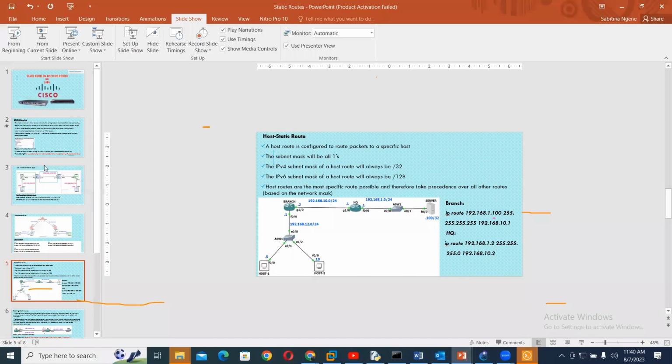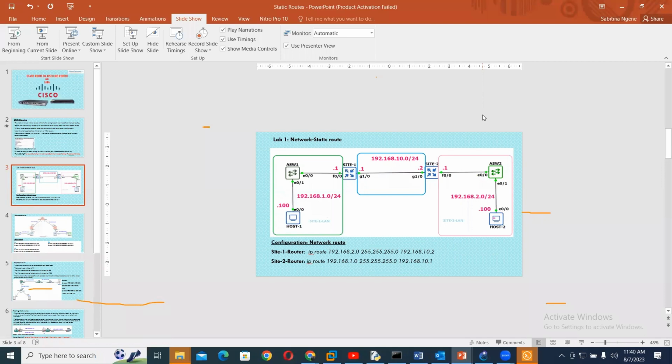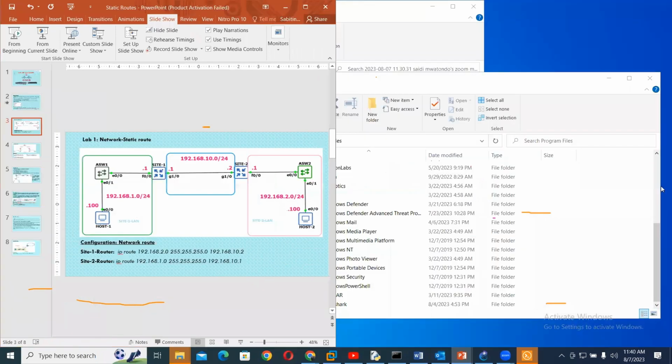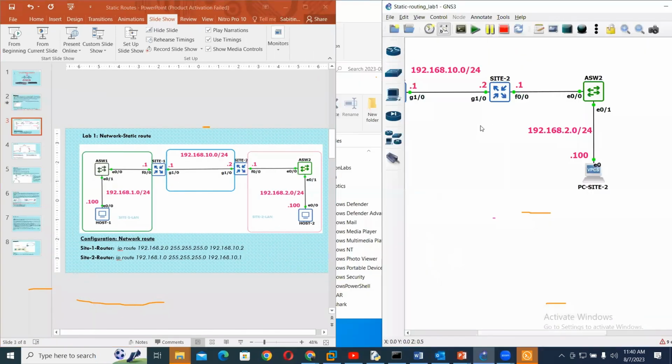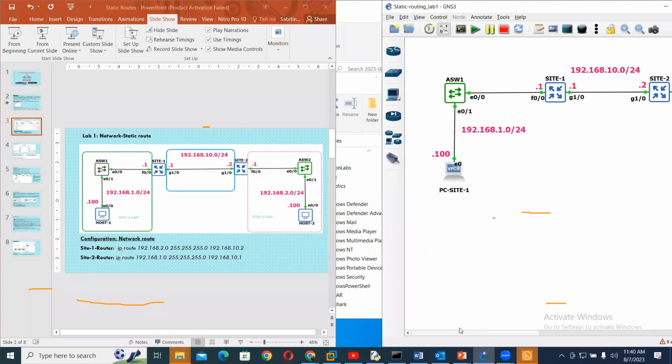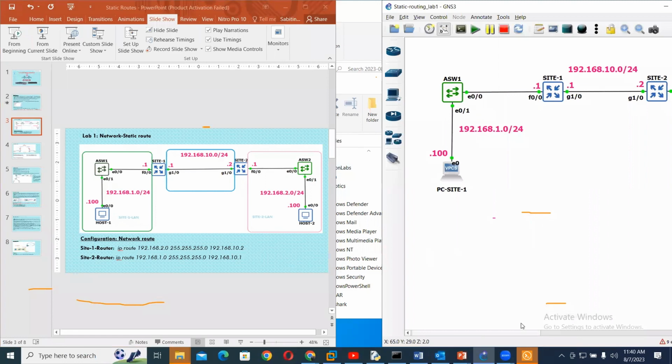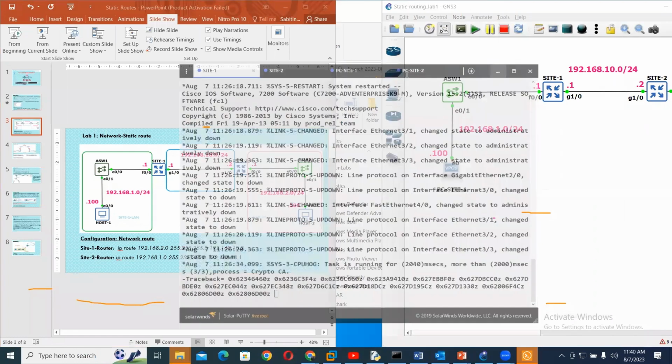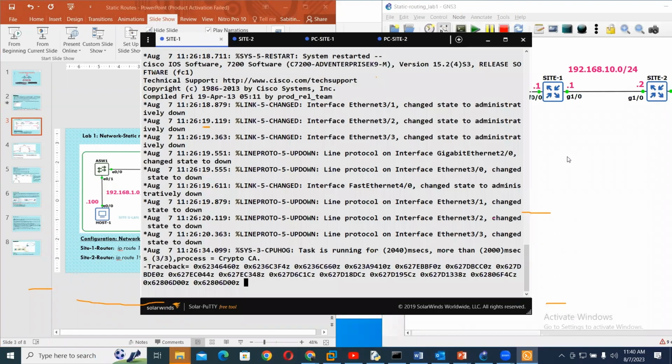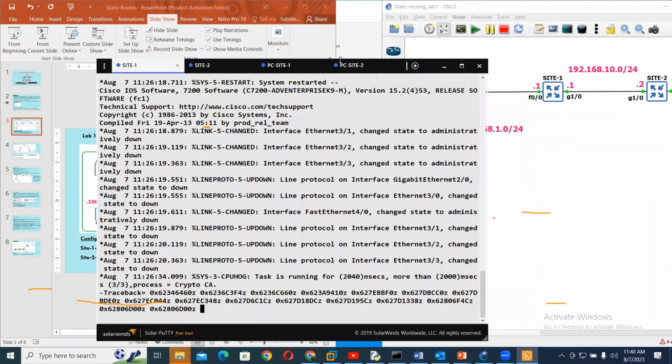Okay, we are here. I have this lab. I've already set up this topology, and I have my console opened.